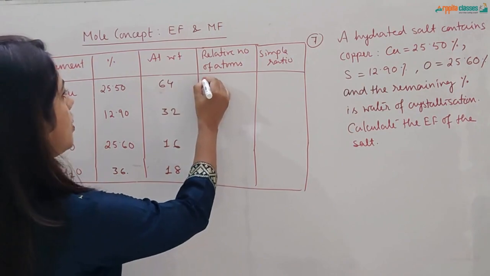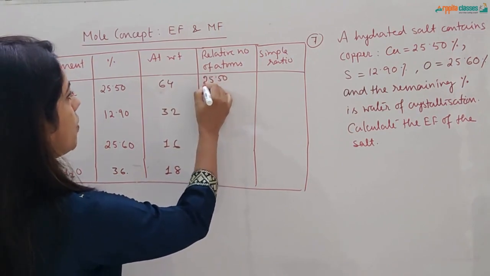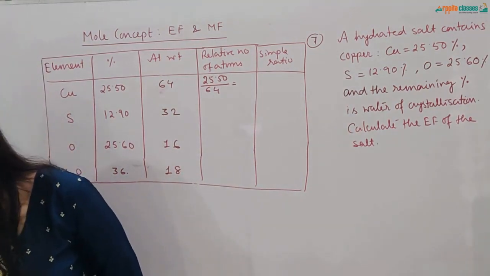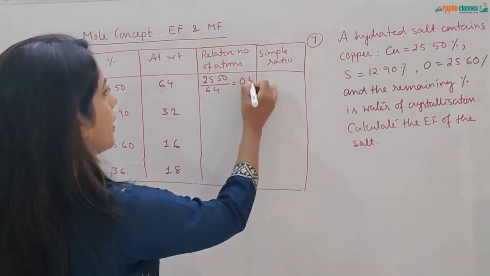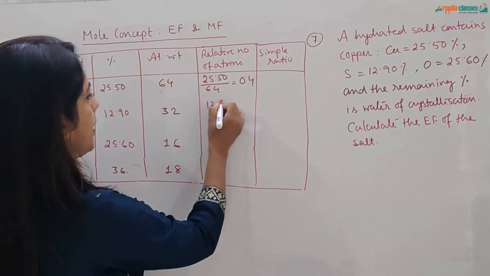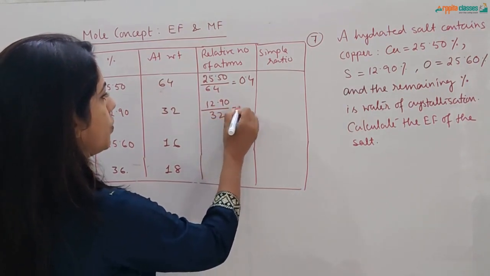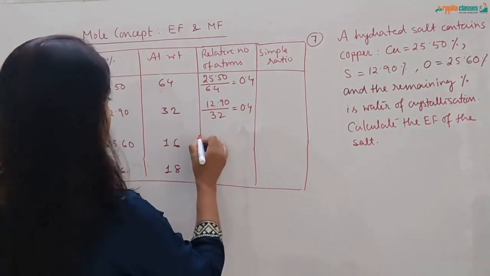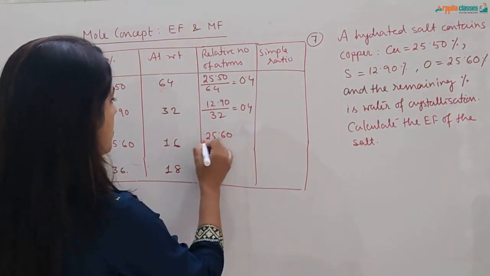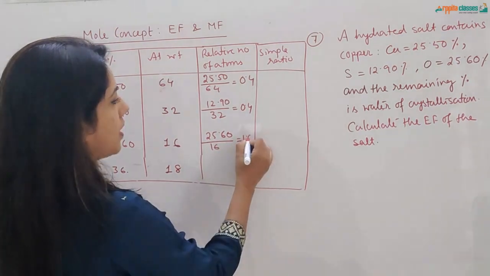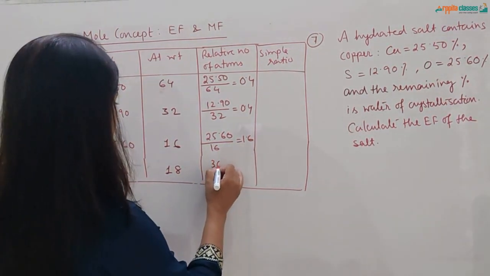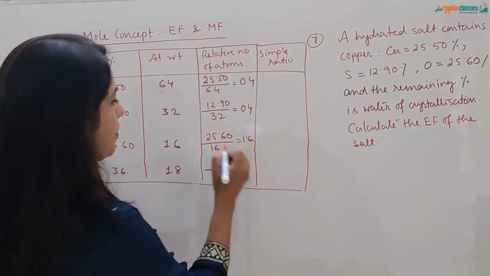Now this will be 25.50 upon 64, and this calculation comes up to 0.4. This is 12.90 upon 32, and this is also coming 0.4. This is 25.60 upon 16, which will come 1.6. And the last one is 36 upon 18, which will come 2.